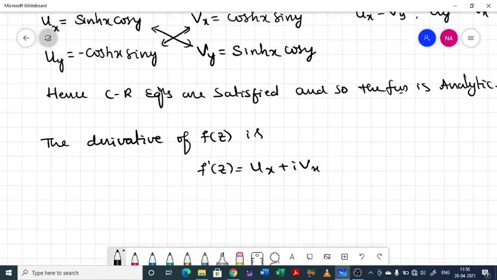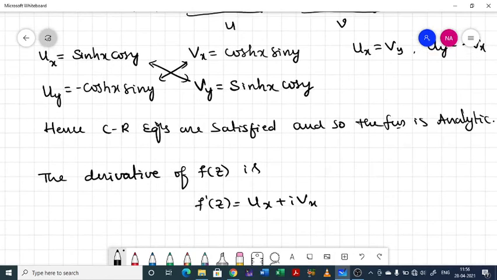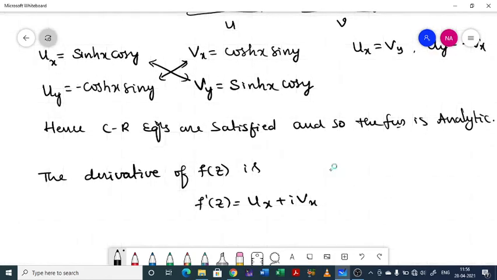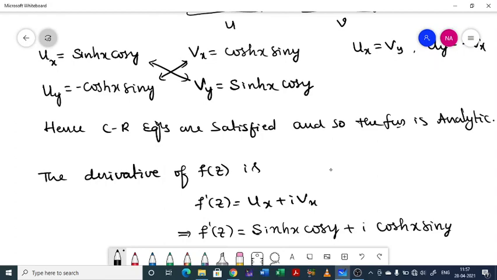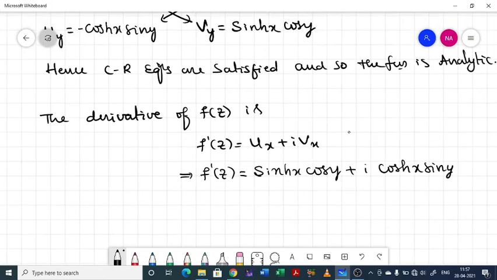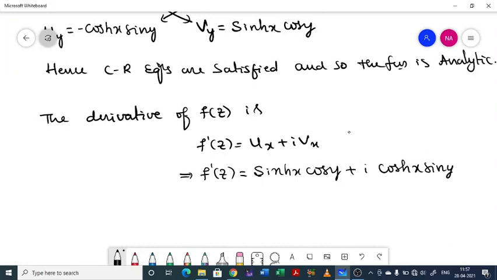So ux is sin hx. So f dash of z equal to sin hx cos y plus i into vx means cos hx sin y. Now I have to put x equal to z, y equal to 0.